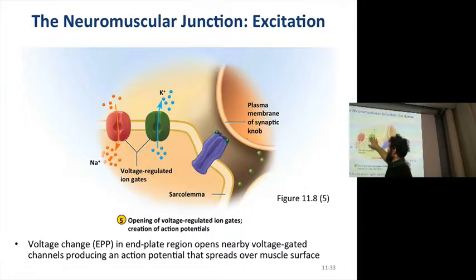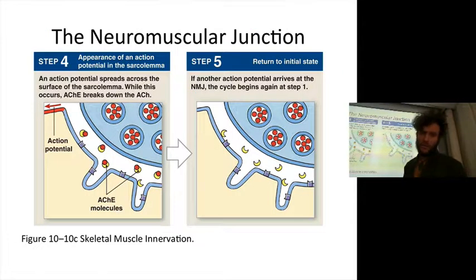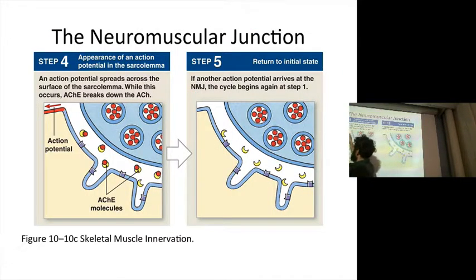So depolarization causes this action potential that's going to spread across the surface of the sarcolemma, and that's what we see happening here.